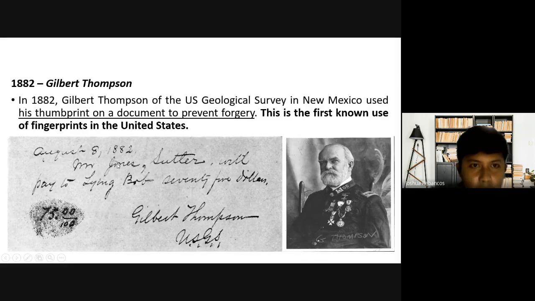Pay to Lying Bob $75. Gilbert Thompson. August 8, 1882. Hindi natin sigurado kung mabasa siya. Pero siya yung gumawa ng fingerprint para ma-prevent ang forgery.